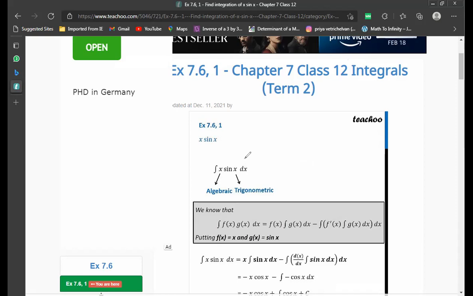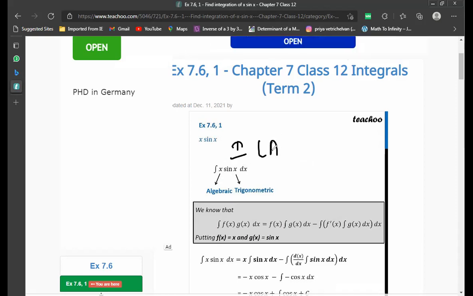So x into sin x. According to ILATE, algebra comes before trigonometry, isn't it? So you will assume x as f of x and sin x as g of x. Whenever we have two functions in the form of multiplication, f of x into g of x, you will rewrite that as f of x integral g of x dx minus integral of f dash of x into integral g of x dx.